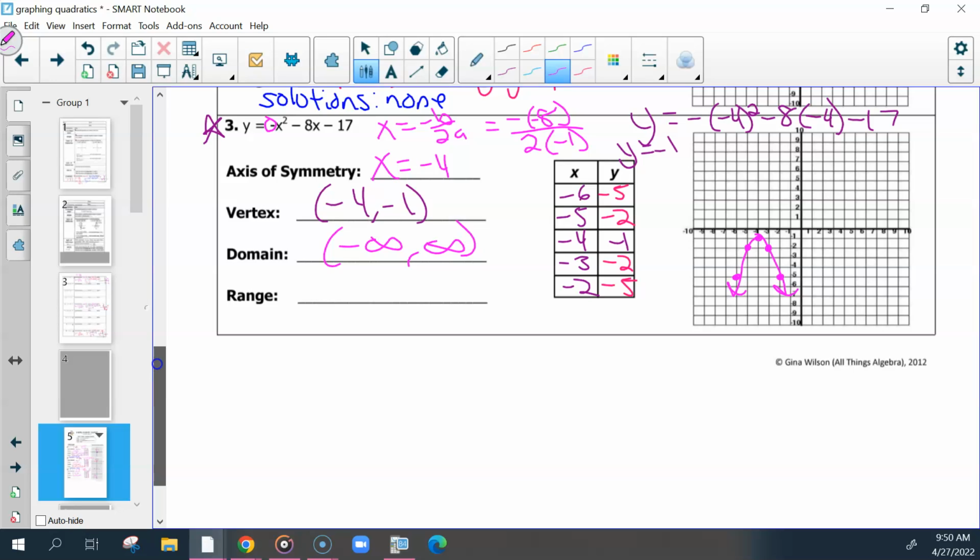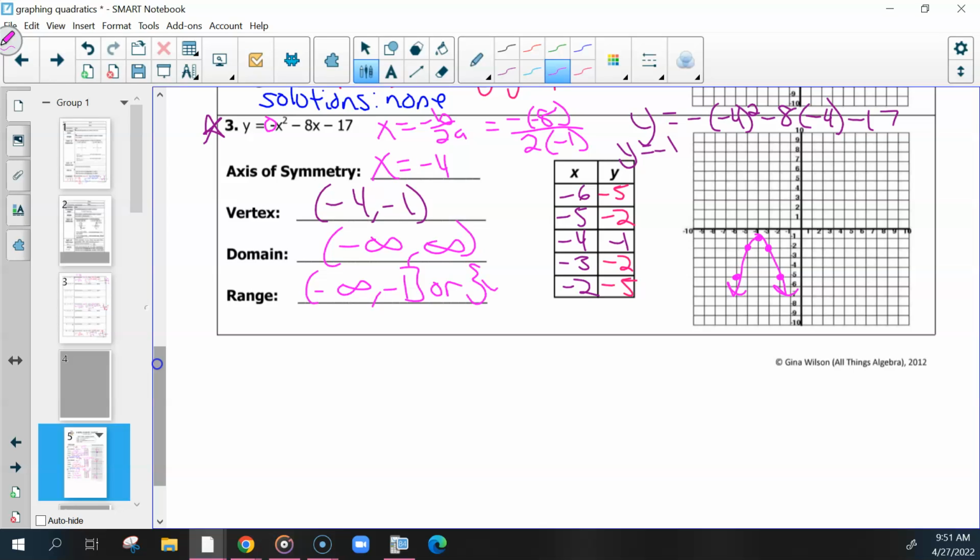For your range, this one starts where? That's where it ends. Where does it start? Negative infinity. Or everything below negative 1.